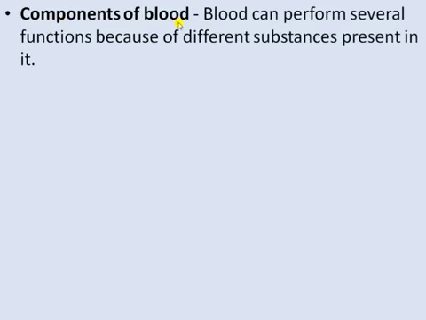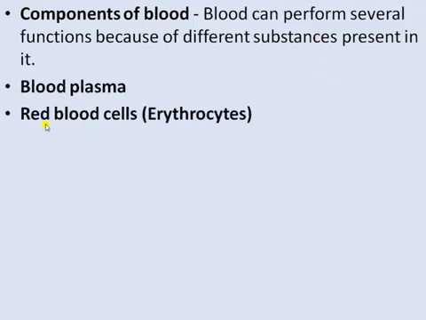Then components of the blood. Or we can say the composition of blood. So blood can perform several functions because of the different substances present in it. The first, the main component, is the blood plasma. Then several cells. First one is the red blood cells, also known as erythrocytes.